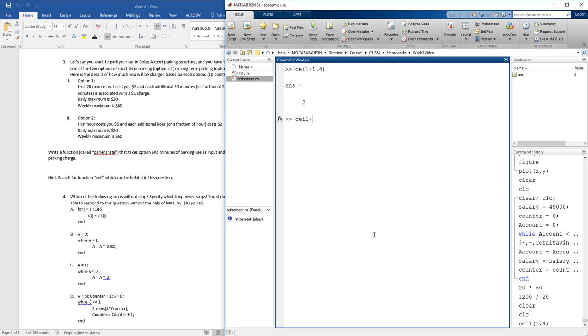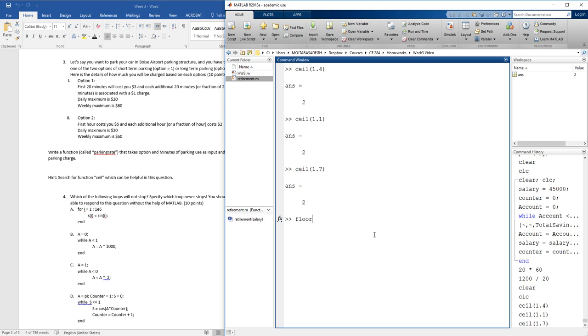Ceil of 1.1, that's again 2. It's not like rounding. It goes upper anyway. When you use ceil, it will go to the next integer value. There is another function, floor, which goes back to the previous integer value.